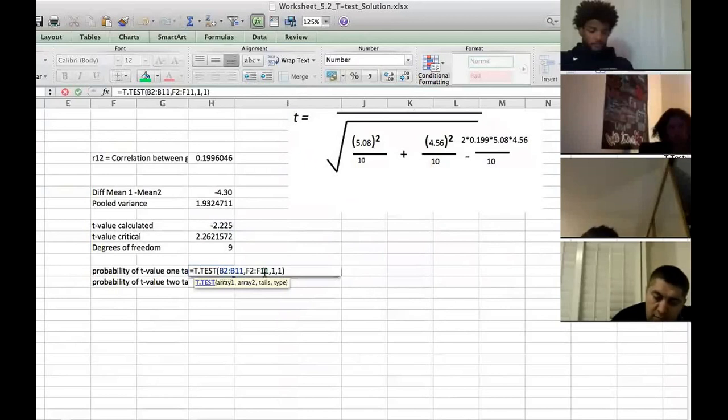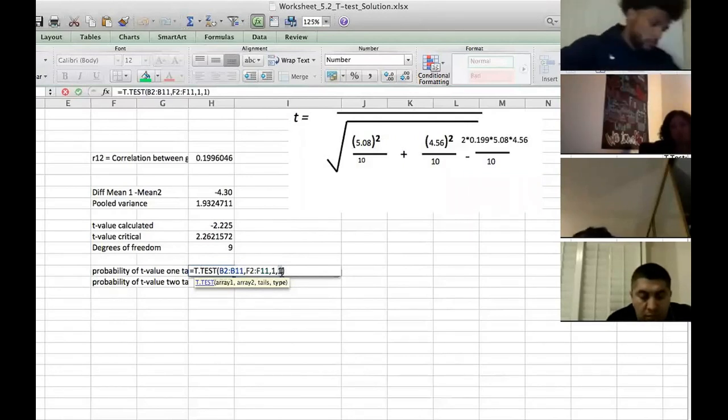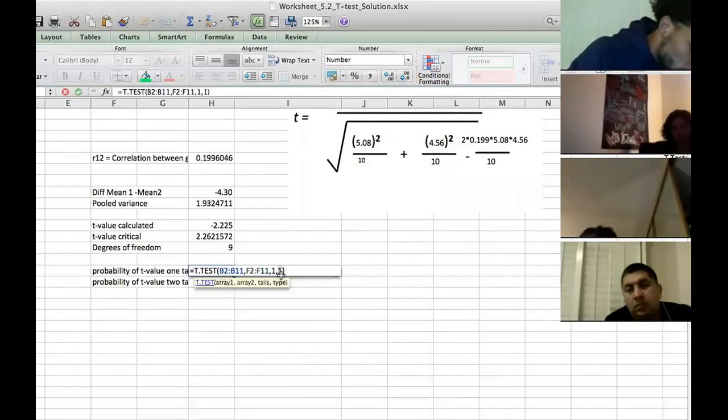But here again, the problem is it only gives you probability. But I guess that's better than nothing. And here again, you have to choose tails, one tail or two tails, and then type. Remember how earlier in the independent t-test we had type 2? Now we have 1. So this is the formula for a paired samples t-test.